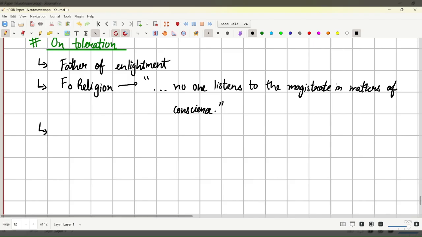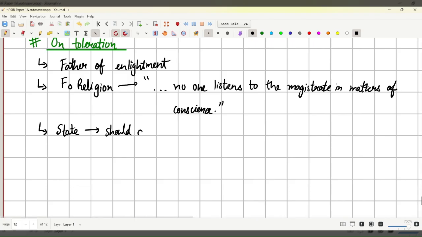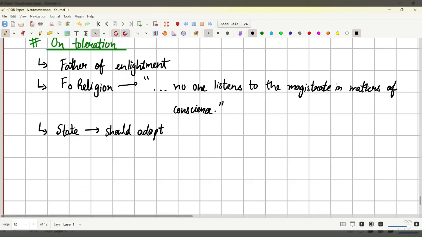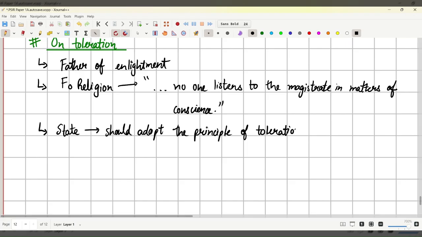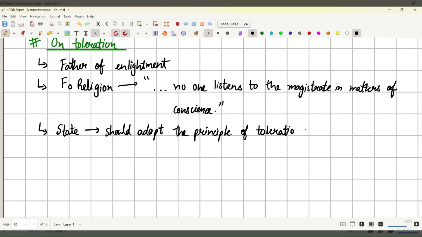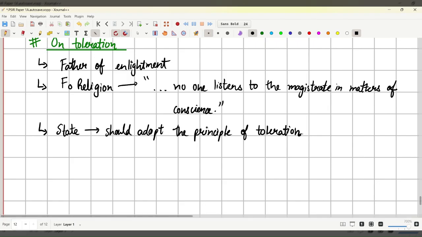So what should the state do about toleration? The state should adopt the principle of toleration towards the followers of different religions, which was not there in Hobbes.